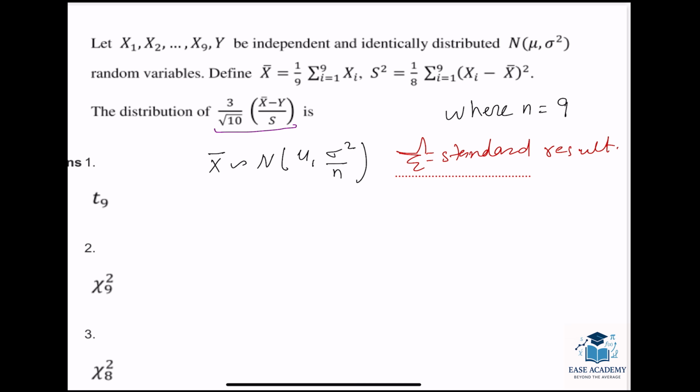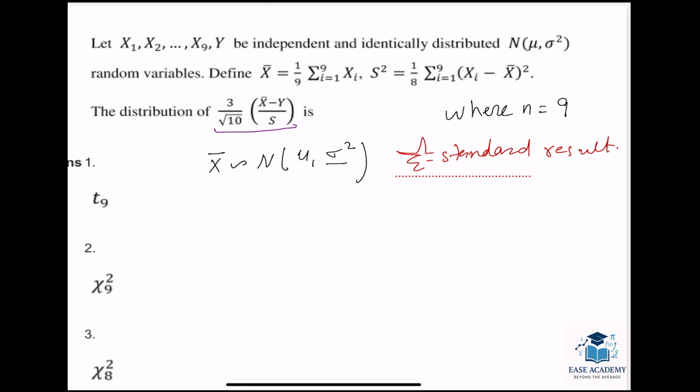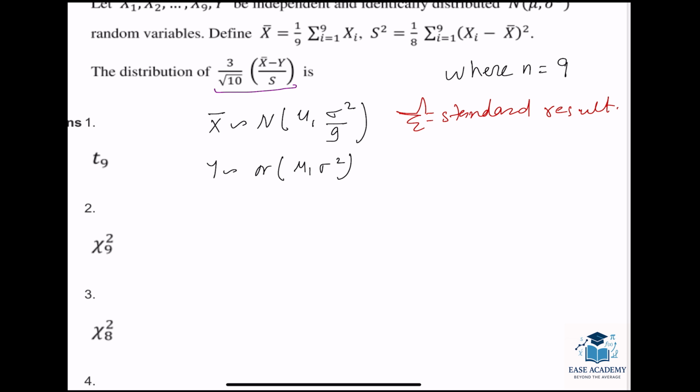And Y follows normal mu, sigma square. So X bar minus Y will follow a normal distribution, because X bar and Y are independent and each follows a normal distribution individually.